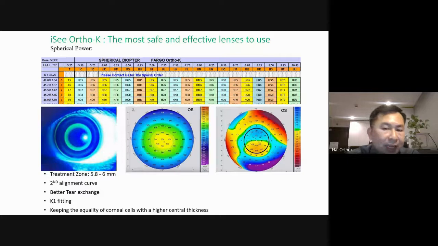Because of that, it doesn't compress too much power on the cornea at all. And if we have a high cylinder, we will use a premium lens, toric lens, or atrium toric lens to divide the force effect on the central cornea and other areas very equally. And because of the effectiveness of the IC lens for positive 4 and negative 4 equally, it's very safe for high myopia treatment.